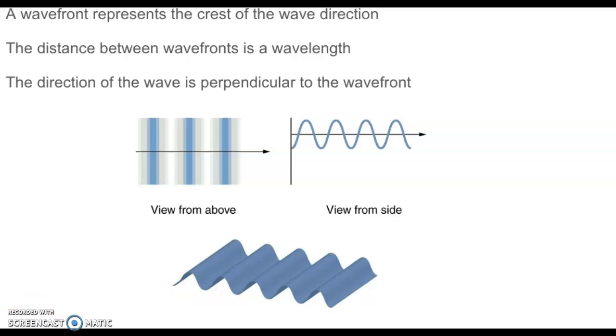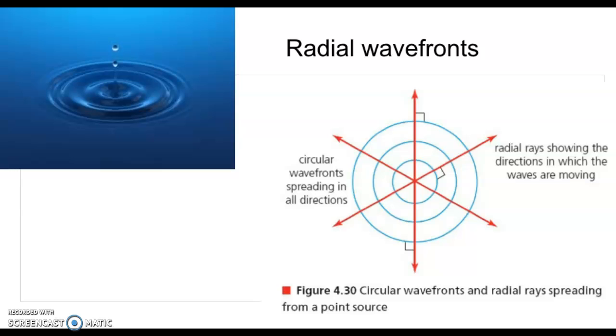There is a special case, which is the radial wave front, where this perpendicular behavior gives you a circular wave front, or what we call a radial pattern. This is your typical water droplet situation. Why is the wavefront circular? Well, the wave direction is in all directions away from the source.